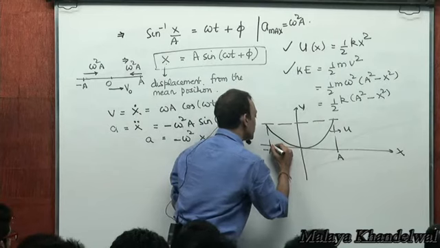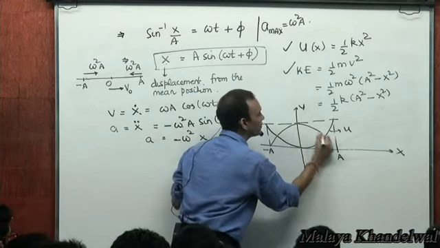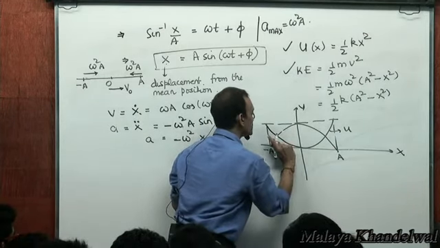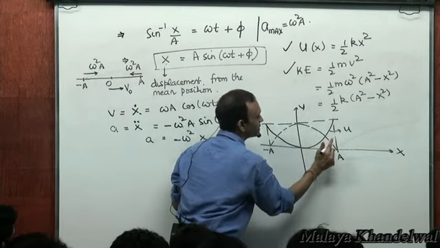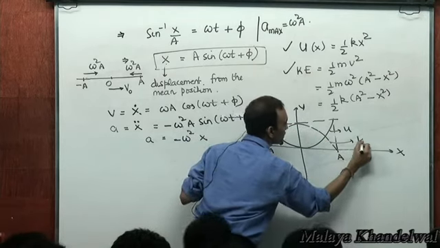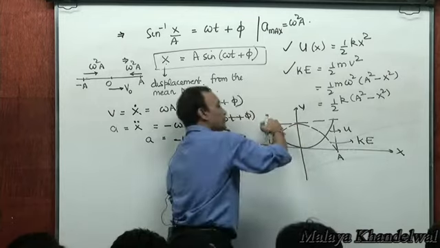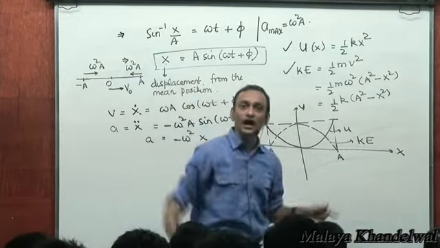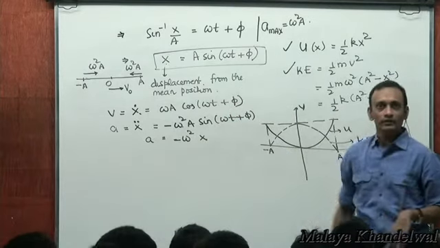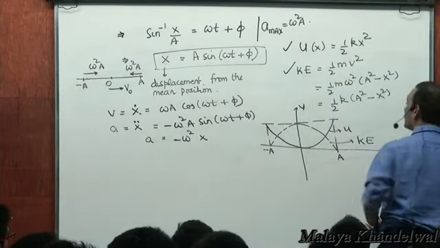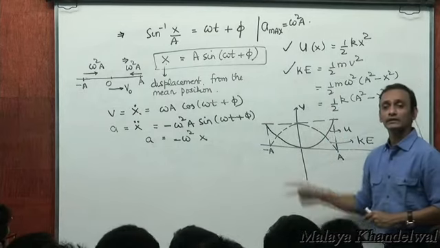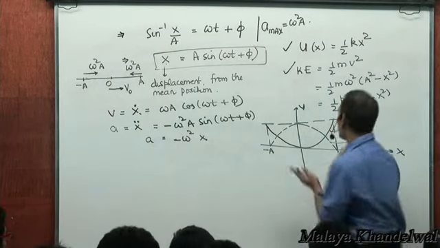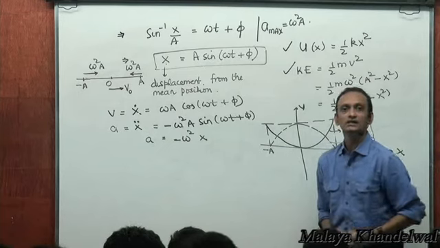And kinetic energy between minus a to plus a would vary like this. This dotted structure would represent the kinetic energy versus x. The potential energy is going to be an upward opening parabola. The kinetic energy is going to be a downward opening parabola. This is how u and k vary with x. One opens upwards, the other opens downwards.